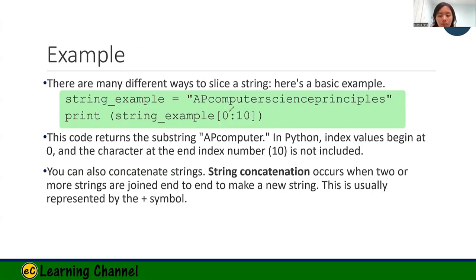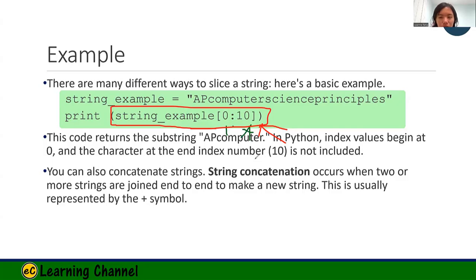For example, if I have a string example[0:10] in Python, what does this mean?